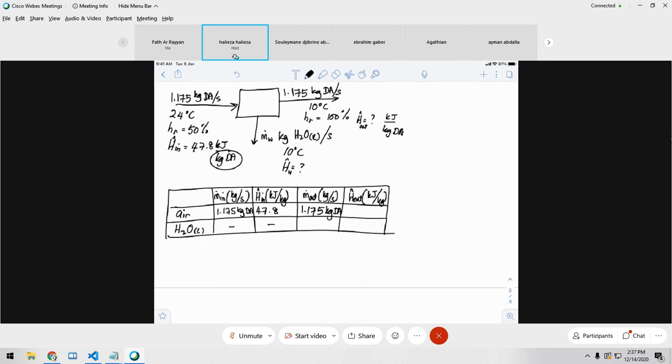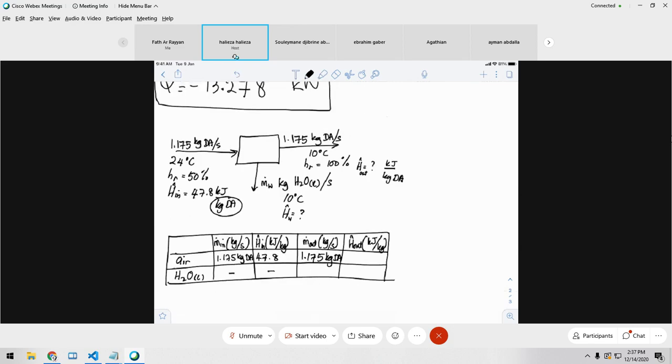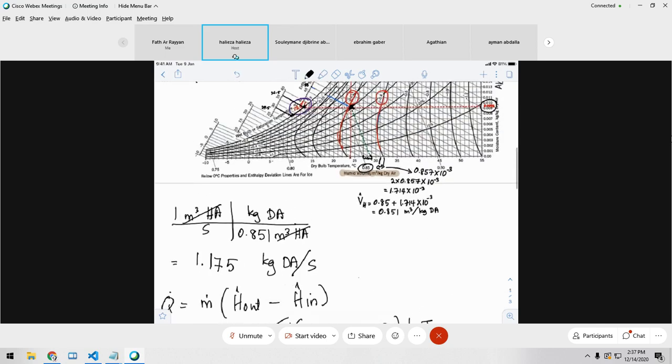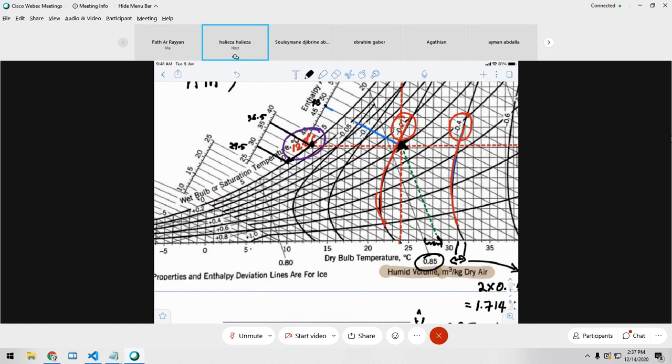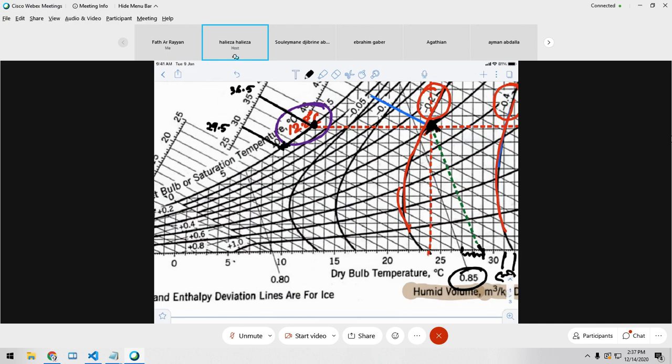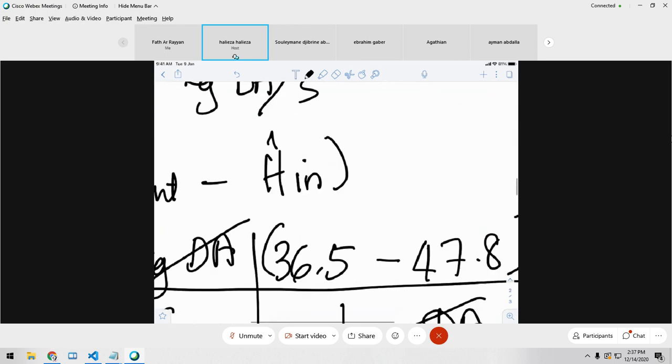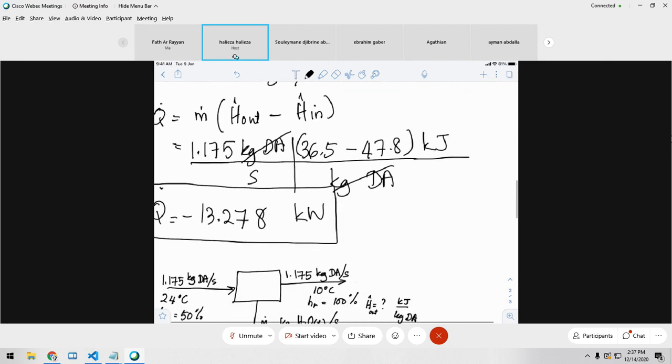We need to find the enthalpy out for the humid air. So let's go to our psychrometric chart. We managed to get it just now, isn't it? 29.5. So that is the outlet enthalpy of your humid air, 100%. Let me write that over here, 29.5.